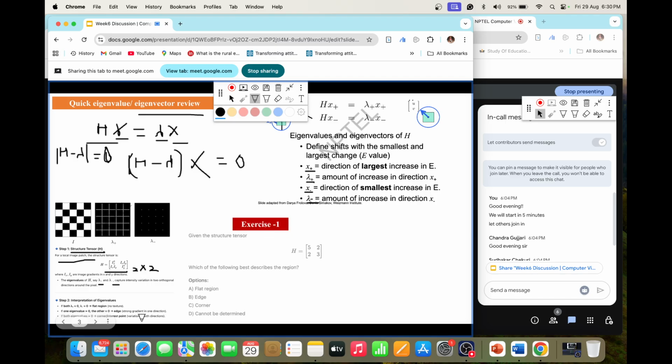So we can discuss it with this example, exercise 1. Given the structure tensor, which of the following best describes the region? Very easy.